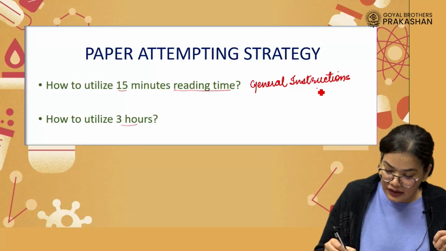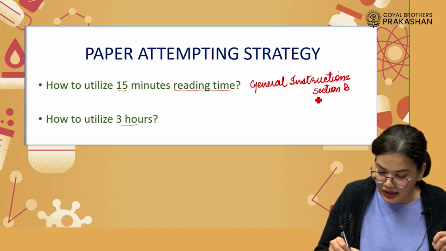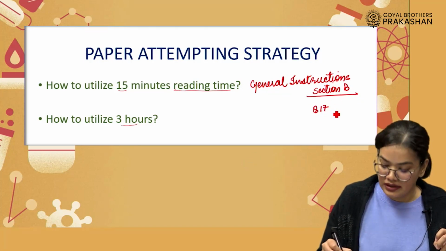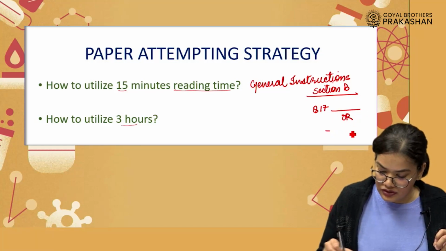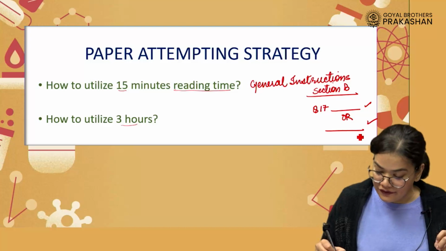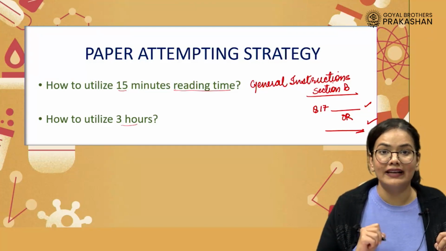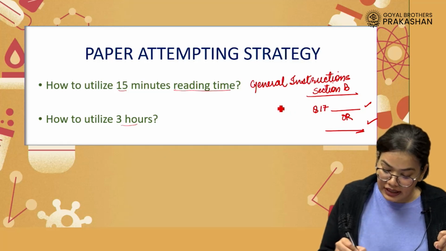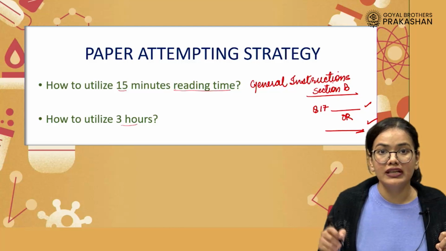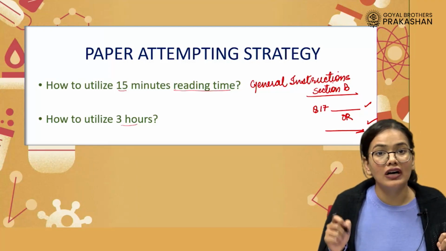Let's say you opened section B and there is a choice in, let's say, the 17th question. There is one choice question. So, read both these choices and decide which question you are going to select and do. Similarly, go to the other sections, again see the choice questions and decide which question you are comfortable in.